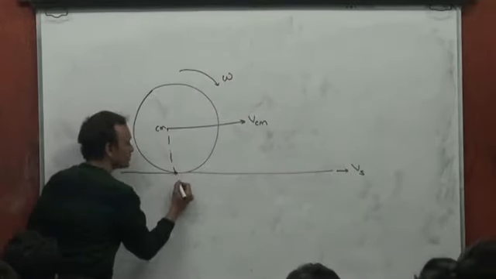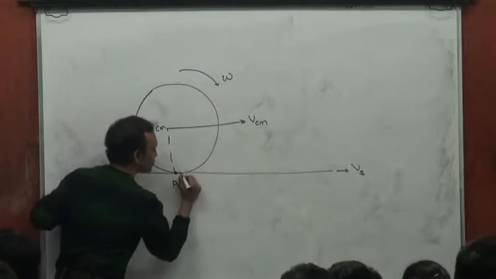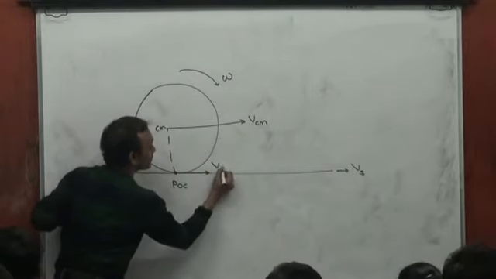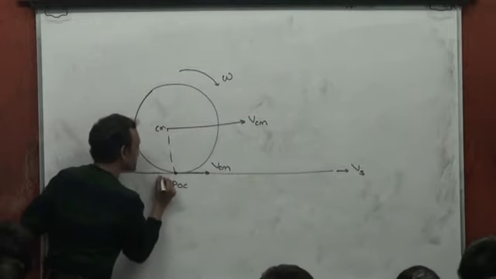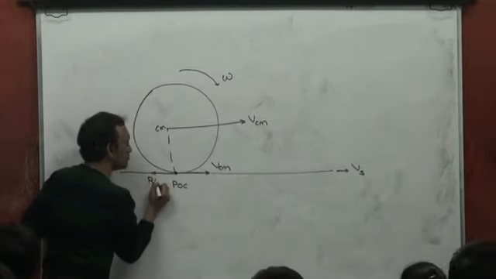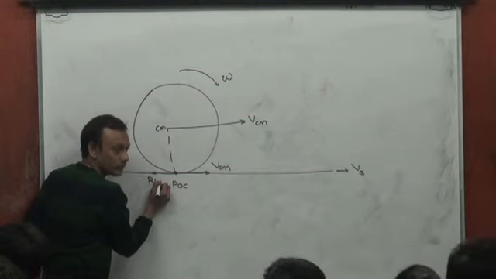Now the velocity of the point of contact would be what? VCM to the right because of pure translation and r omega to the left because of pure rotation, right?